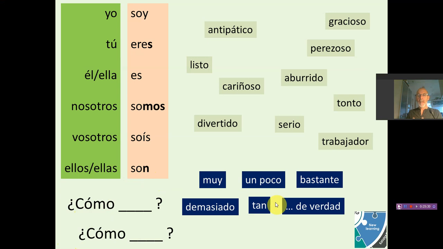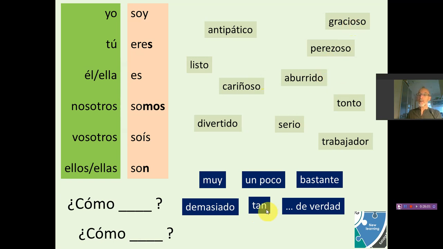And the final layer on this is something that we should already be familiar with, these little words that I call intensifiers. So words like muy, very, un poco, a bit, bastante, quite, demasiado, too, as in T-O-O, meaning too boring, too lazy, demasiado perezoso, too funny, which would be an odd thing to say, but demasiado gracioso, and so on.